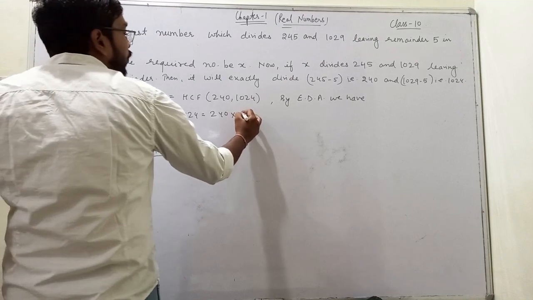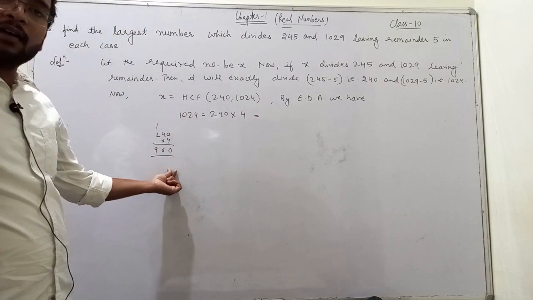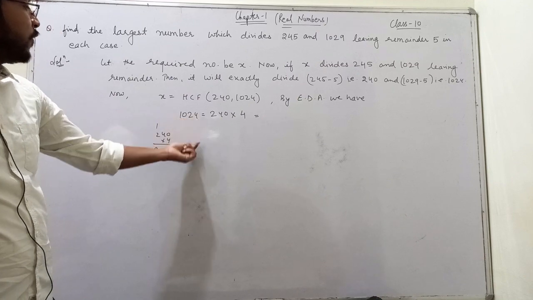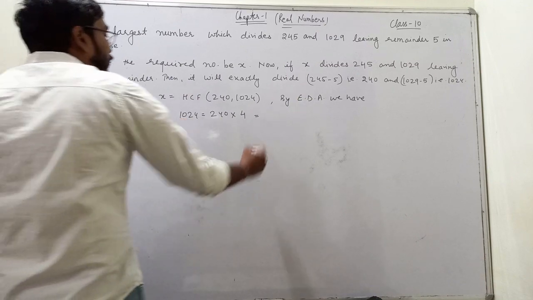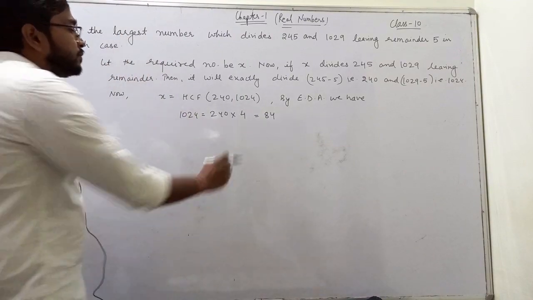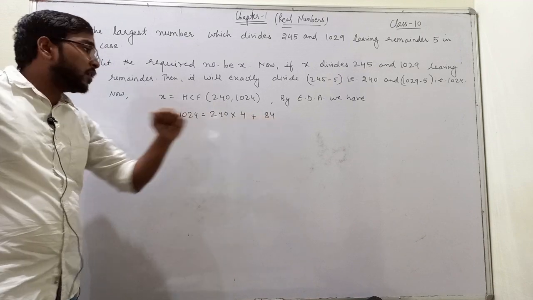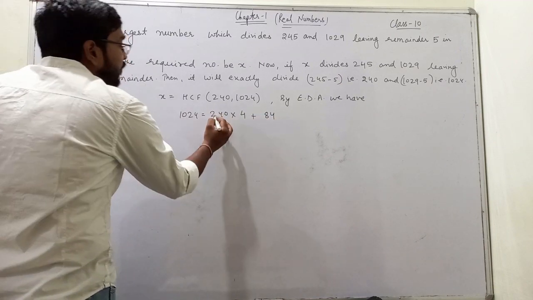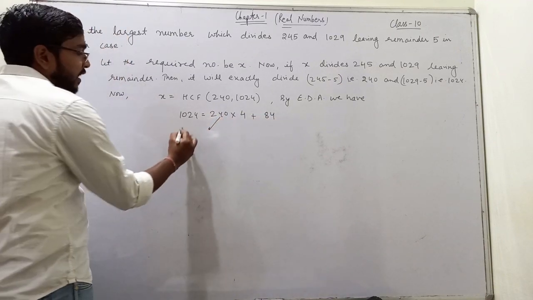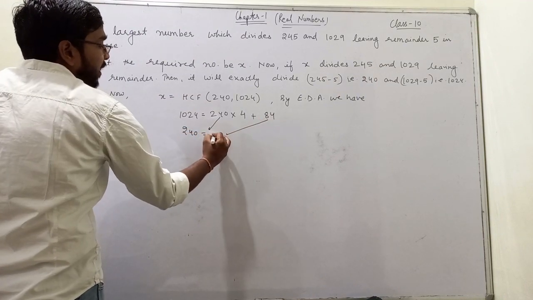So if we multiply 240 by 4, then the remainder will be 64 from 1024 minus 960, plus 84... Here 84 is a non-zero remainder. So we will replace the dividend by the divisor and the divisor by the remainder.